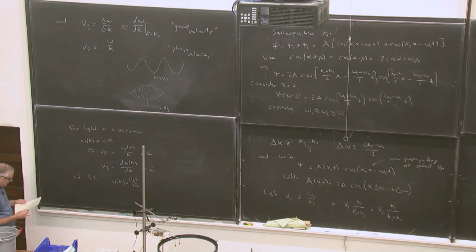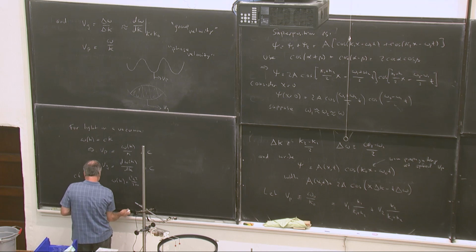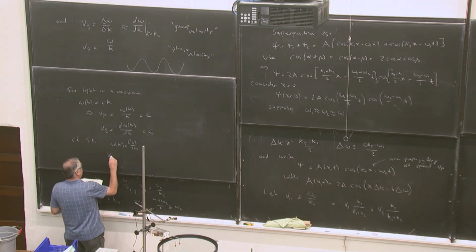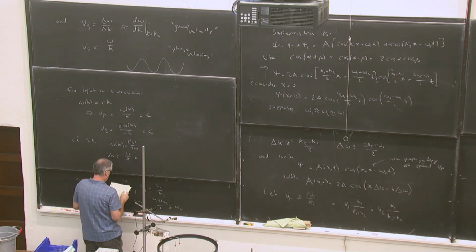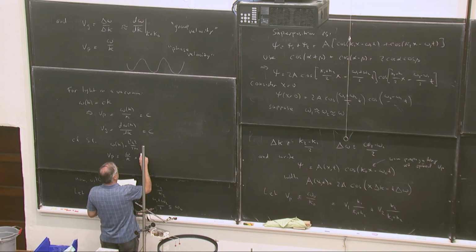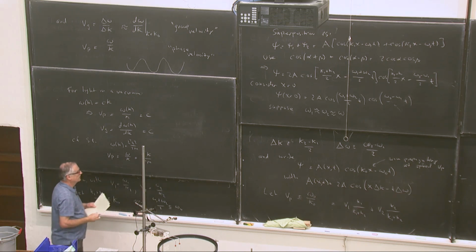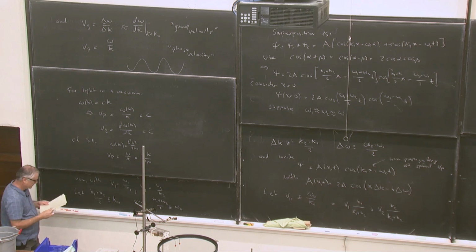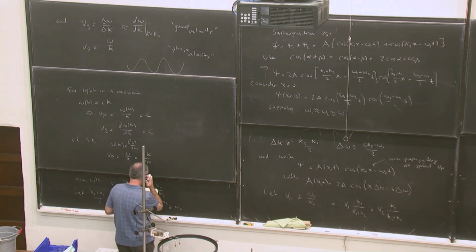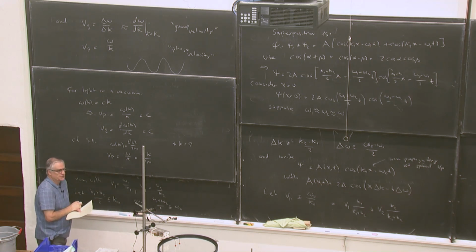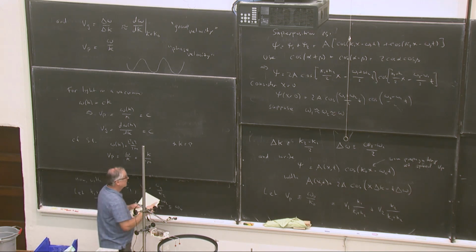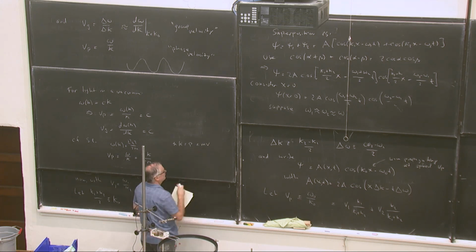And so v phase is just omega over k, which is something like h bar k over 2m. Let's see, h bar k equals p. That's the de Broglie relation, basically, in quantum mechanics. It's equal to mv if it's non-relativistic.